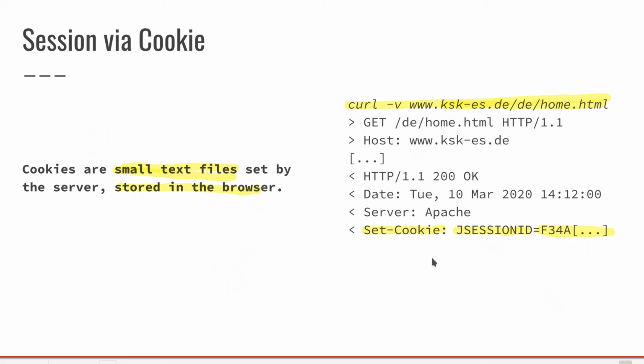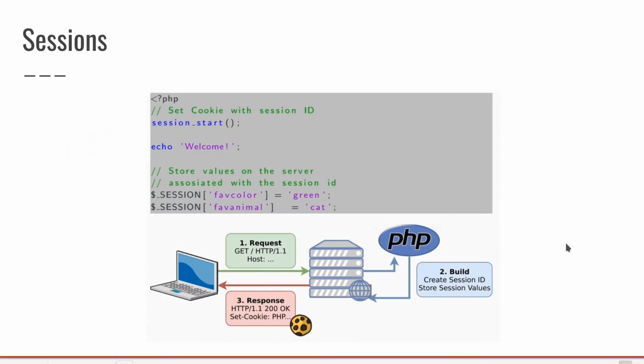So after my browser has received this header, it sets a cookie for this website, and every time I visit the website with my browser, it sends along this cookie. So the usual request flow is: browser visits web server, web server talks to backend, the backend creates a unique session ID and returns a cookie with this unique session ID with a Set-Cookie header.